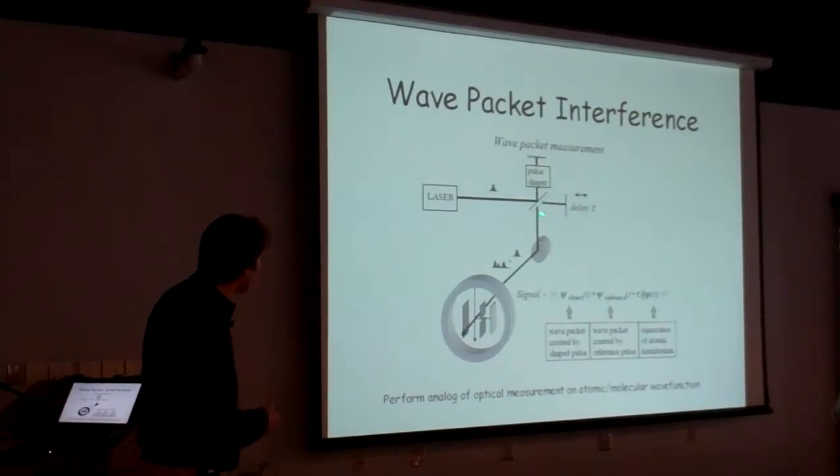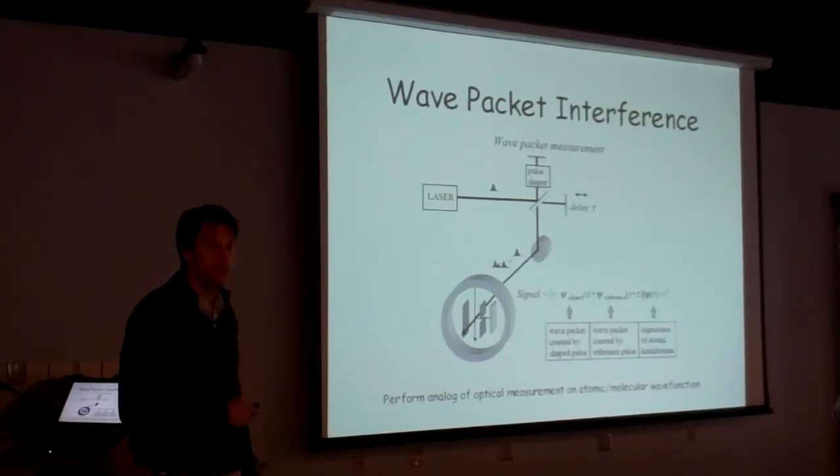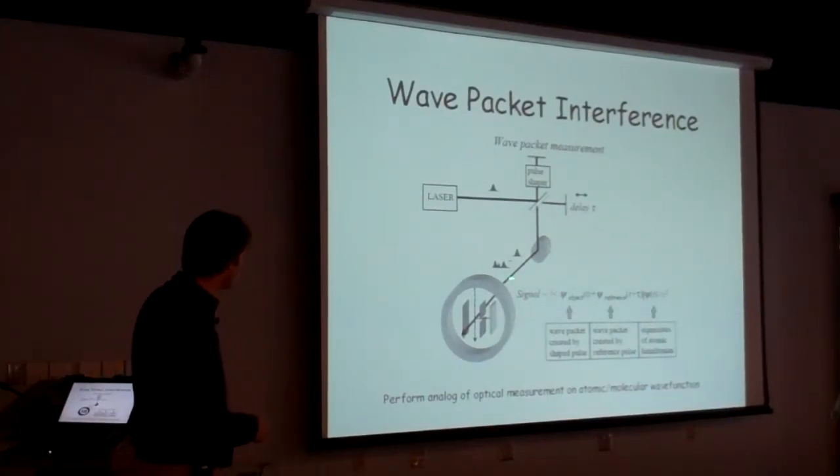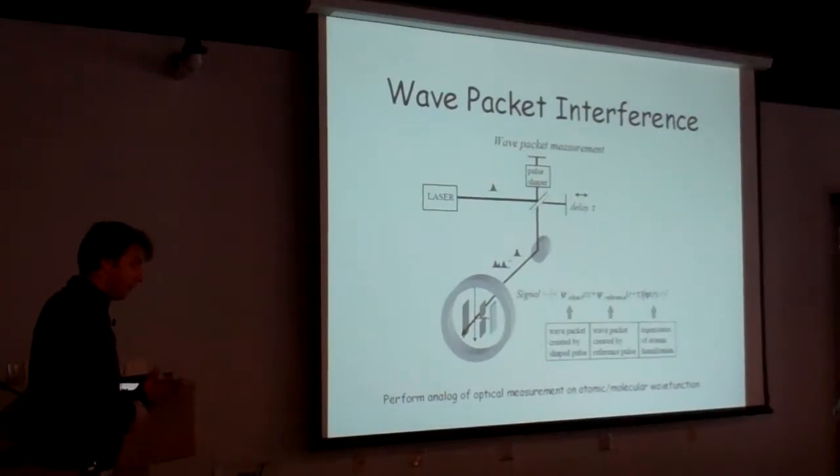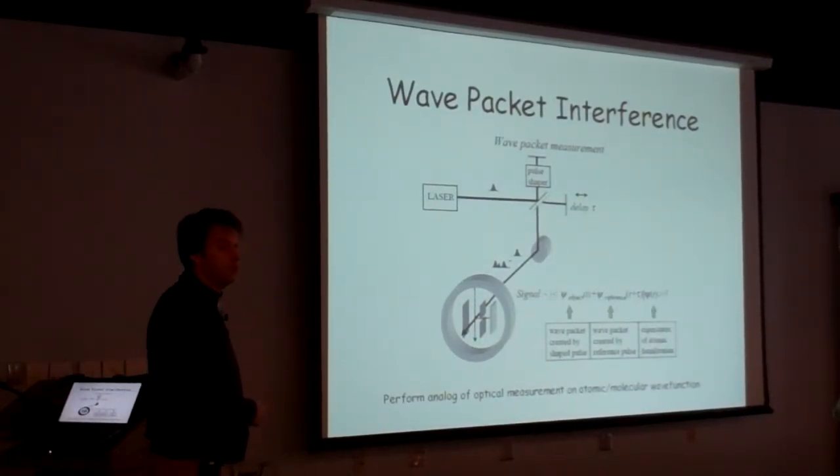Then we're going to interfere that shaped wave packet with an unshaped wave packet generated by the unshaped pulse from the Michelson interferometer. These two pulses are sent into a vacuum chamber, and we'll discuss exactly what's inside the vacuum chamber and how that works in a moment. But the experiment is essentially analogous. I'm just taking my spectrometer, which used to be here, and replacing it with an atomic measurement.